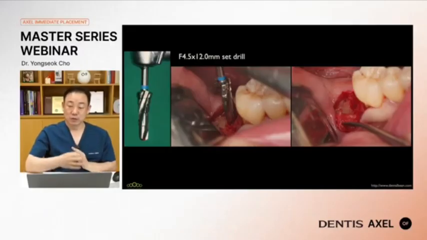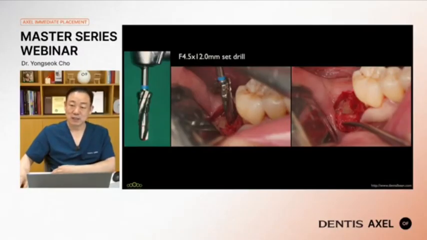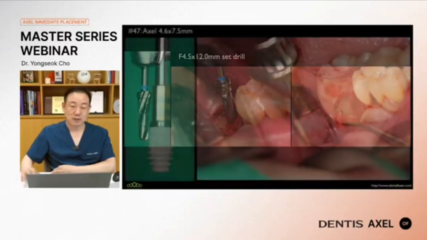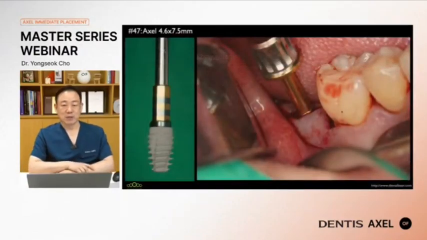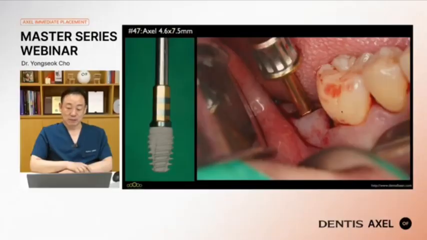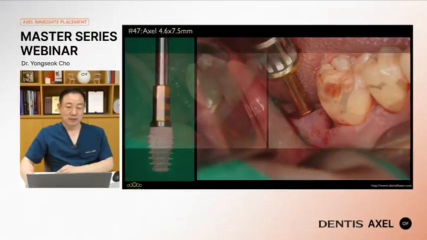Okay, look at the right slide. Here at the osteotomy, the proximal lingual bone height and buccal bone are quite different. And I selected the 4.6 by 7.5 implant. It was placed deep enough to hide the thread.